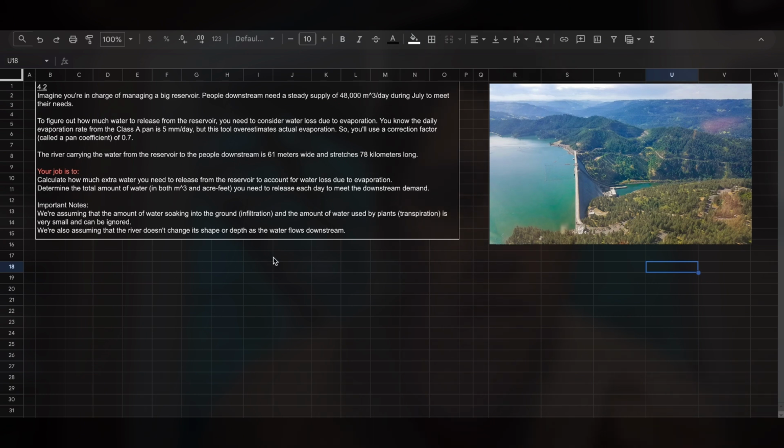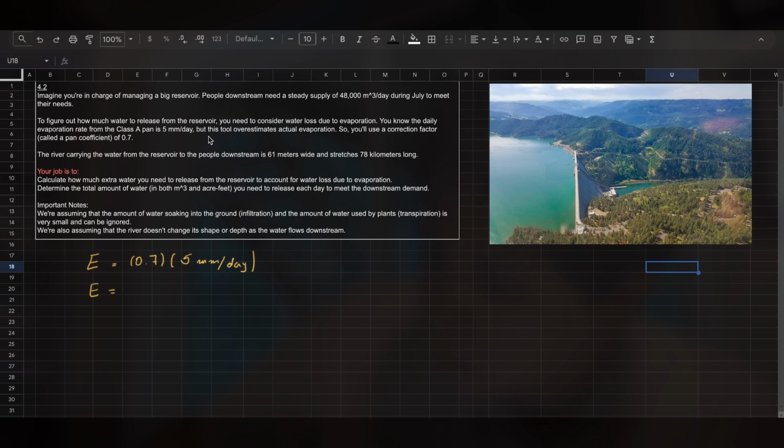So let's get started. With the values that we have, first let's find out how much water actually is being evaporated, the rate of evaporation. If we remember from our equation, the evaporation is equal to the coefficient, which is 0.7, times the 5 millimeters per day.